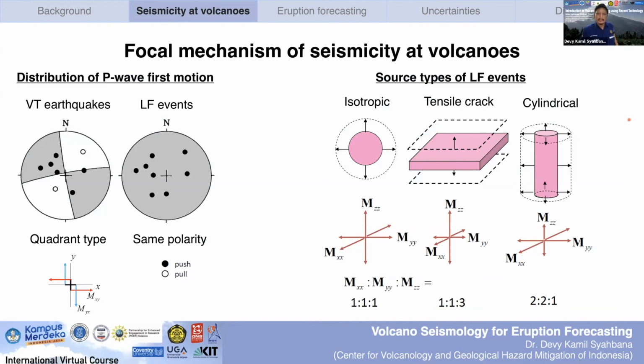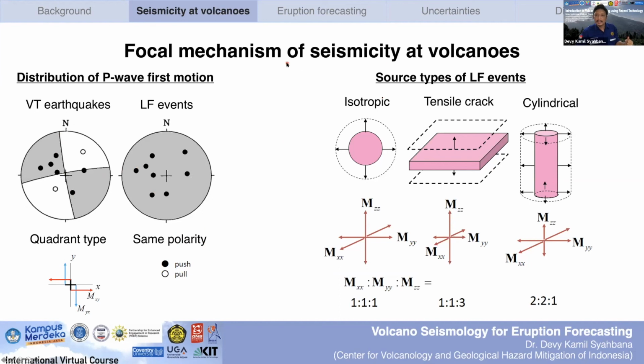And the focal mechanism of seismicity at volcanoes, we have both. For VT earthquakes, we have the tectonic earthquakes. It is the double couple, so you have the quadrant type, as you see here. But for the low frequency events, you have the same polarity. It is push or pull.